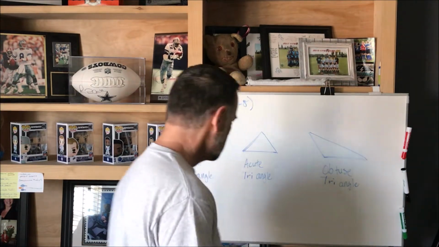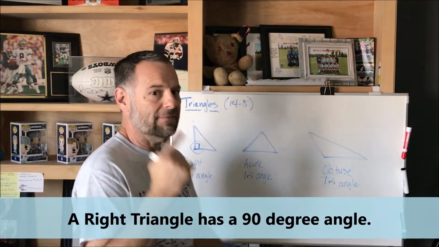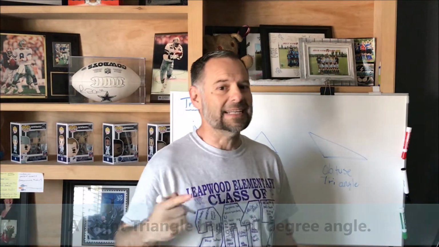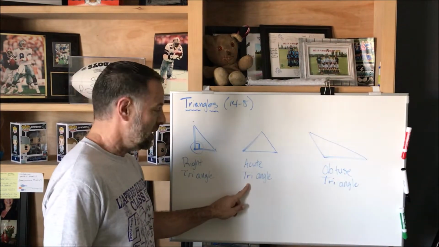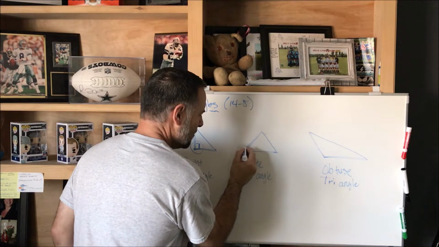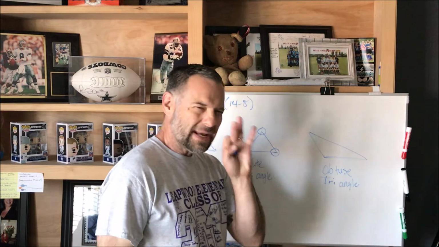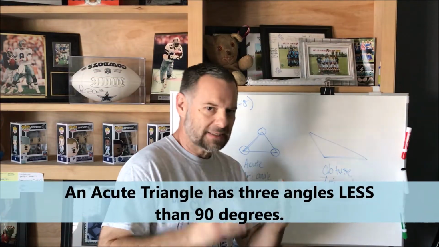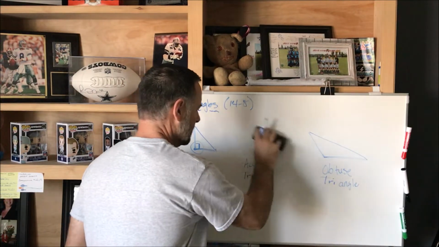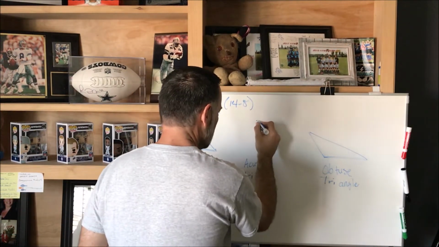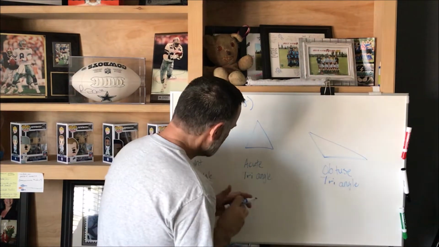Now notice this. For it to be a right triangle, it has to have that square. You have to know it's 90 degrees. 90 degrees tells you right angle. This one has 3 angles, 1, 2, 3, all of them less than 90 degrees. This is what we know normal triangles as. I know my triangle drawing isn't great. A normal triangle looks like that. And notice each one of the angles.